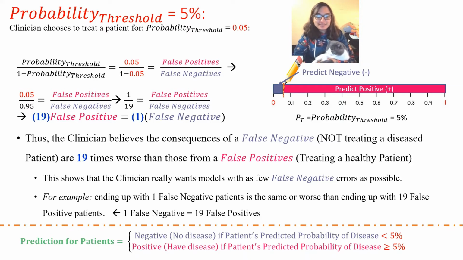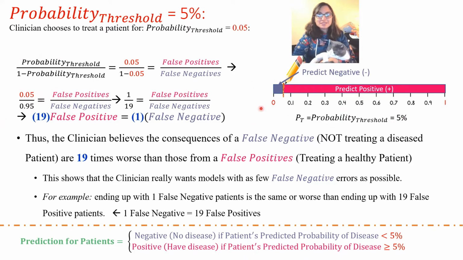What this means is that the clinician chooses to treat a patient using this threshold of 5%, essentially predicting negative if the patient's predicted probability of disease is less than 5%, and predicting positive, that the patient has disease, if instead the patient's predicted probability is greater than or equal to 5%. So this is the cutoff, 5% here. Below 5% predicted probability, please predict negative. Otherwise, please predict positive for the patient using this threshold.